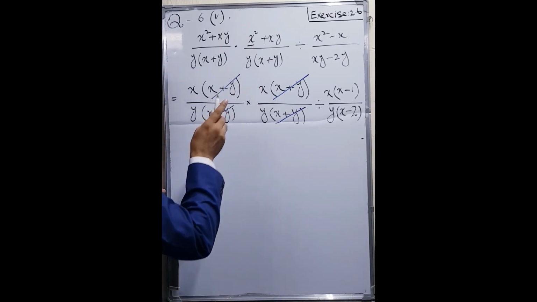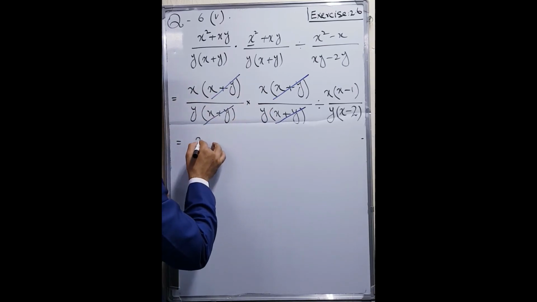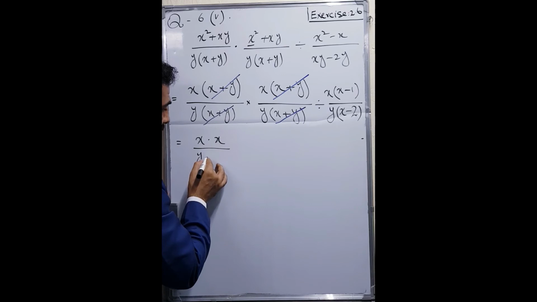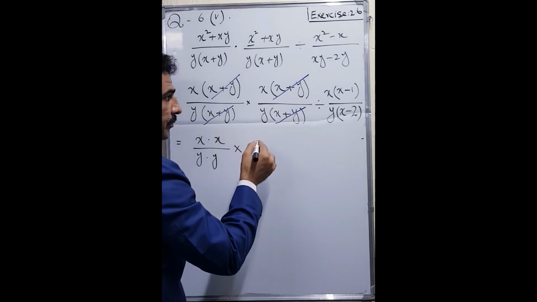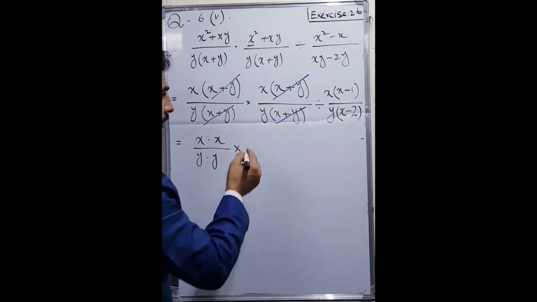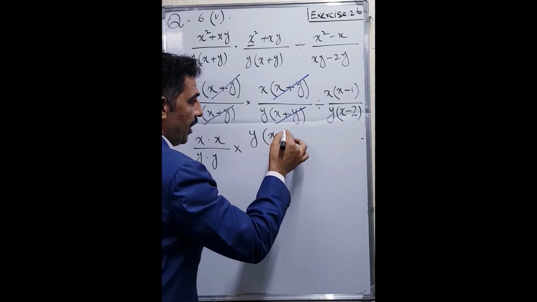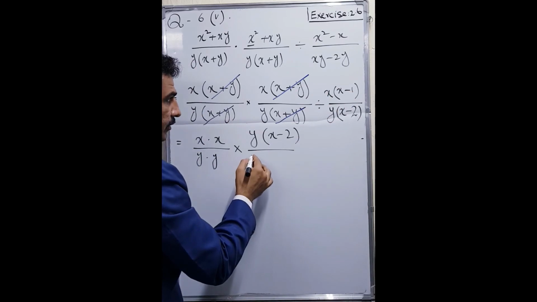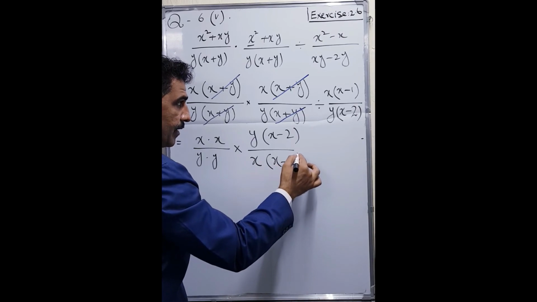Sign of multiplication, so you can write in a single fraction x into x; otherwise x multiplied by x, and in the denominator y multiplied by y. Why I don't write the square, I will explain in this step. The sign of division changes into multiplication, take its reciprocal. Reciprocal means flip it, okay? So x minus 2, and the numerator will become the denominator, x into x minus 1.